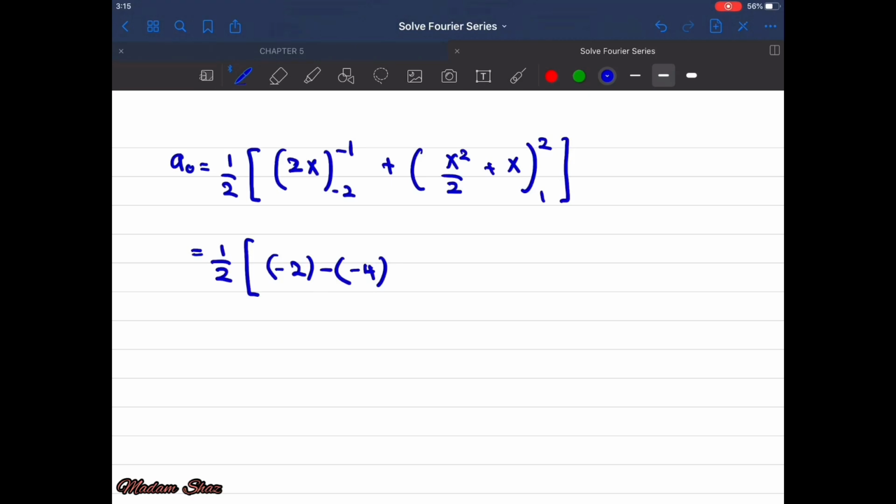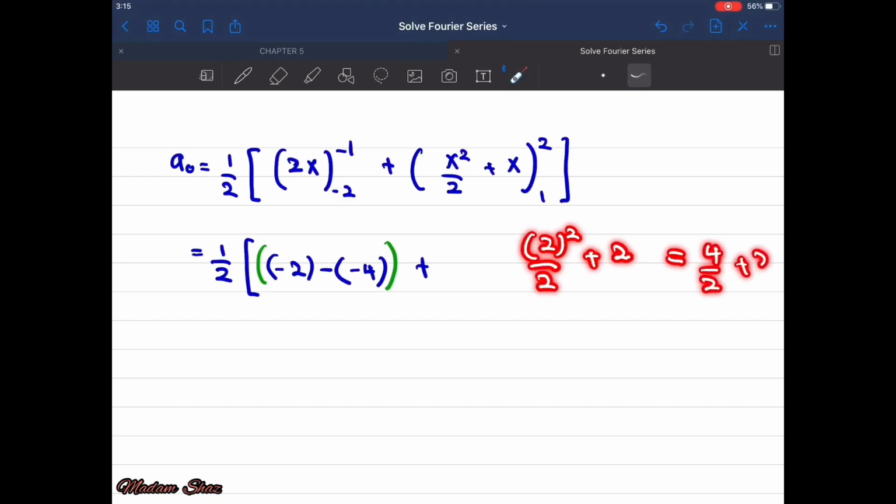So we have finished for the first limit here, -2 minus -4, plus with, substitute for the second limit, 2 substitute to the position of x, 2 squared divided by 2 plus 2. So this one will become 4 over 2 plus 2 will become 4.